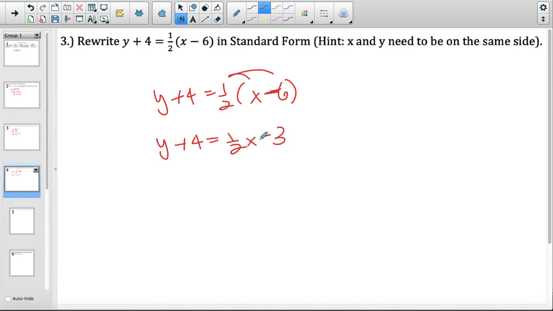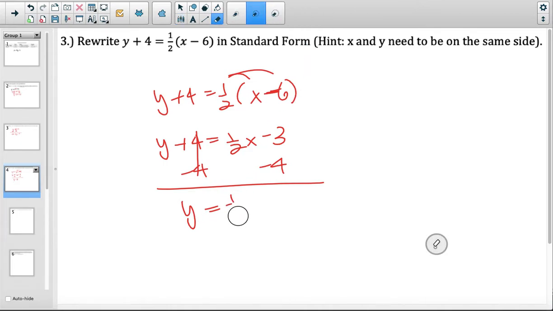So I have 2 steps left. What I might go ahead and do first is subtract 4 from both sides, because it has this 3 that it can join over here. So if I subtract the 4, I have my y equals 1/2 x, and negative 3 minus 4 is negative 7.